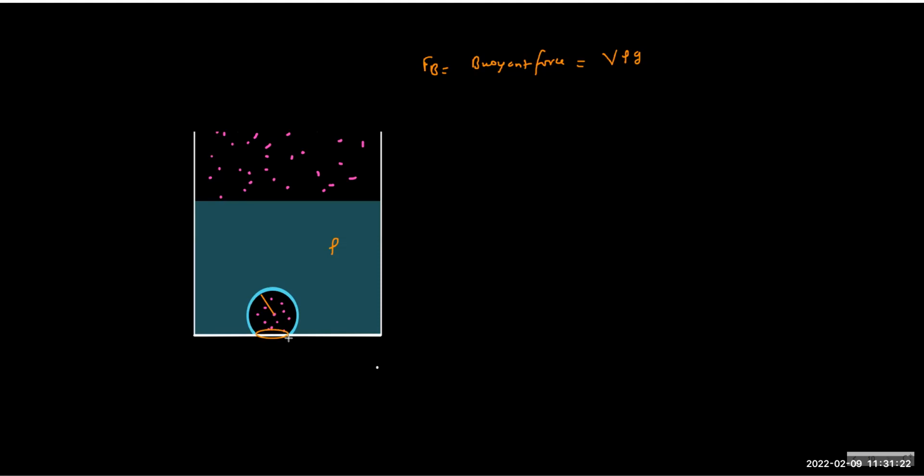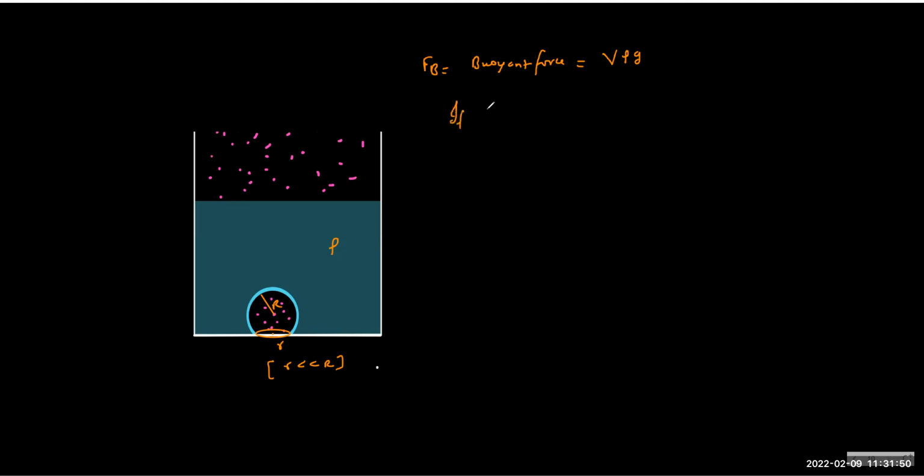So this radius that they are touching is r, and r is much smaller than capital R. So this r is very small compared to the R of the bubble itself. So the question is, if the detachment of the bubble is due to buoyancy, then at what radius will it detach?